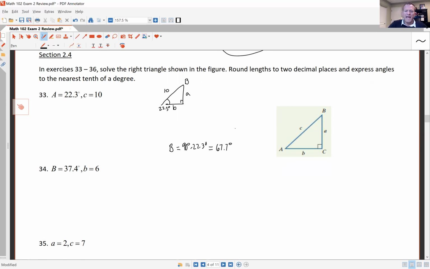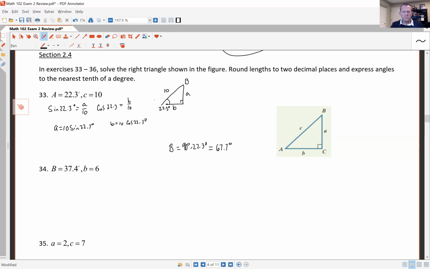Now, in order to find A relative to 22.3 degrees, that's the opposite. To find B, that's the adjacent. And then this says that A is 10 sine 22.3 degrees, and B is 10 cosine of 22.3 degrees.